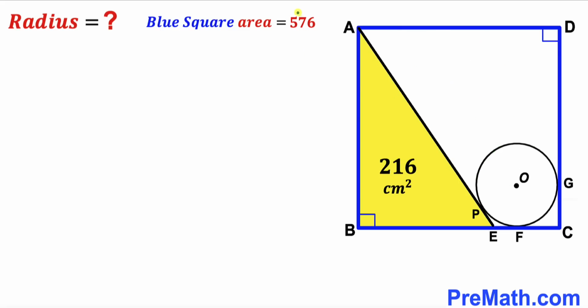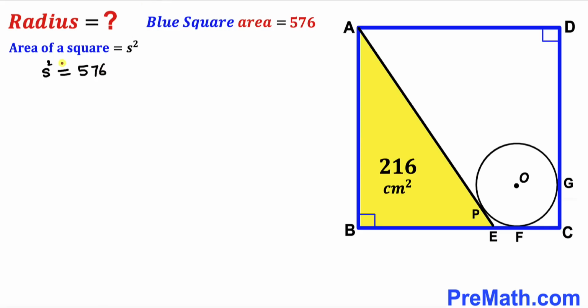And we know the area has been given to us for this blue square as 576. And now let's recall the area of a square formula, area equal to S square, where S represents the side length of the square. So let's fill in the blanks: S square equal to 576.